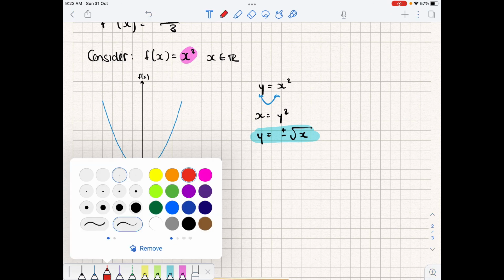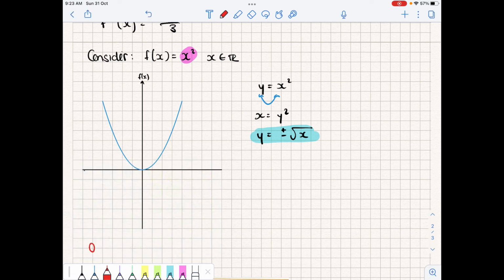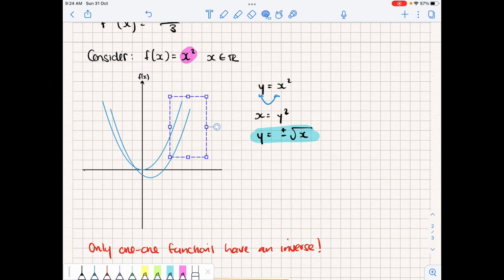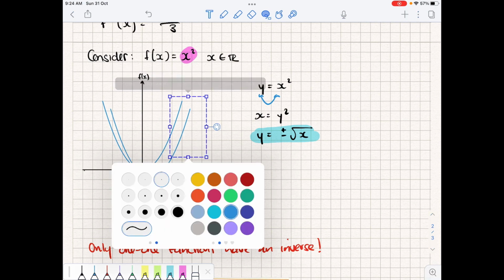One of the most important things about inverse functions is that only one-to-one functions have an inverse. Now this can be very quickly demonstrated. If I took the inverse of this function, I'll quickly make it red so we can distinguish the difference.